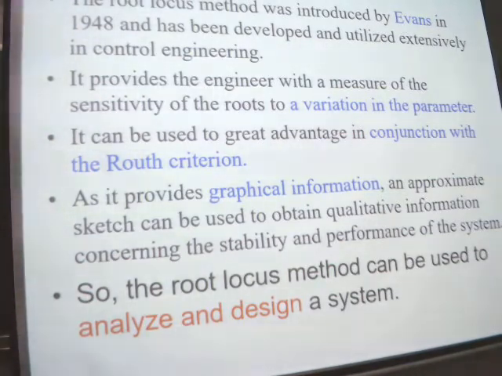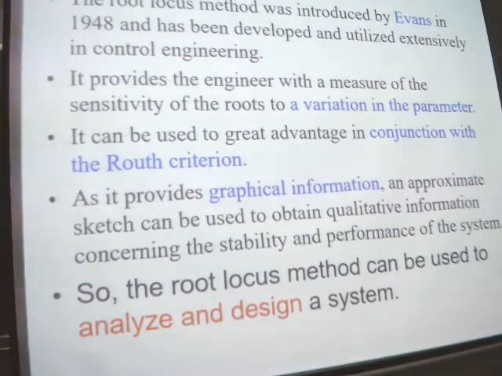It provides graphical information, and an approximate sketch can be used to obtain qualitative information concerning the stability and the performance of the system. So, the root locus method can be used to analyze and design a system.